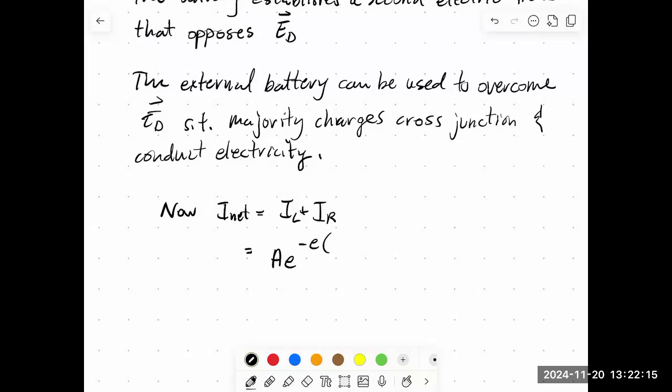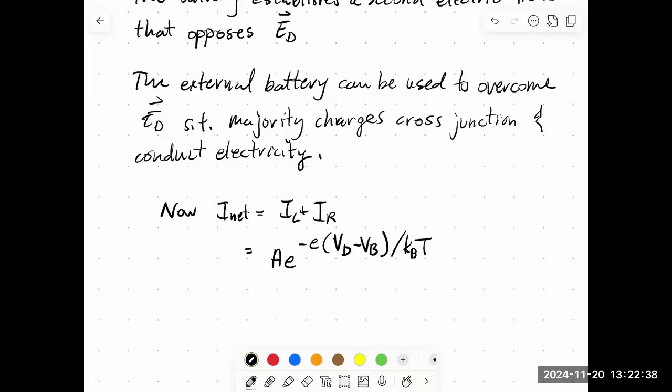So previously it was just minus EVD over KVT. So we'll start with that. So that's what we had before. But now we have this compensation from the battery, which is determined by whatever the battery voltage is, like so.